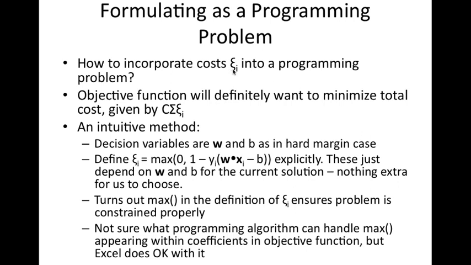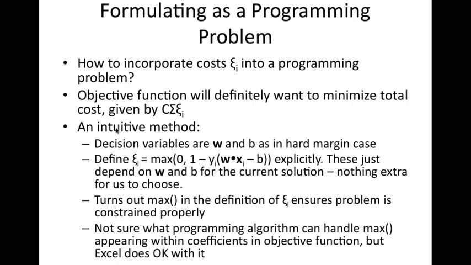So now we know some information about these costs, and we can interpret them a little bit. How do we incorporate them into the programming problem so that we can then optimize and find the best classifier? The objective function is definitely going to want to minimize the total cost, like we talked about. Now how do we incorporate it further into either the decision variables or constraints or both?